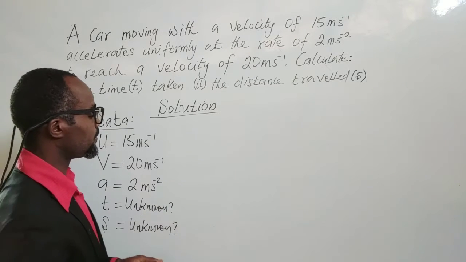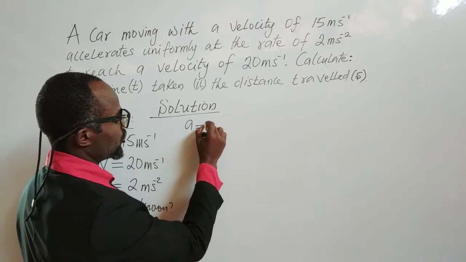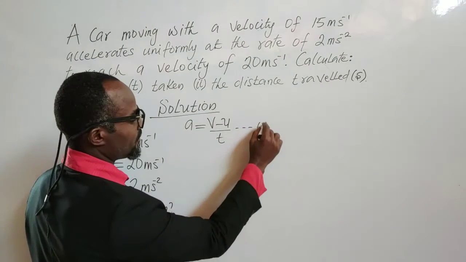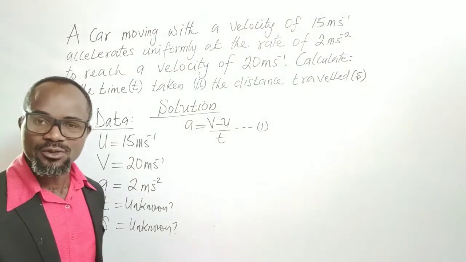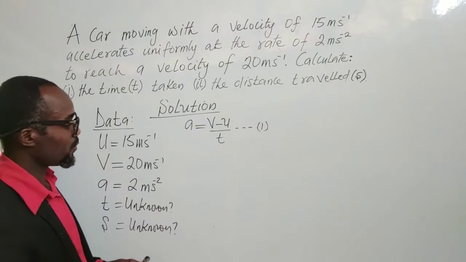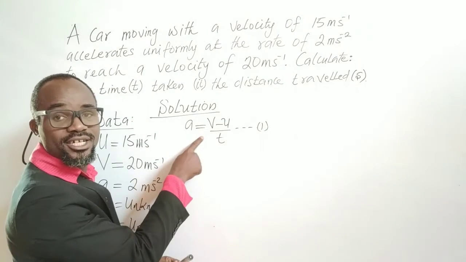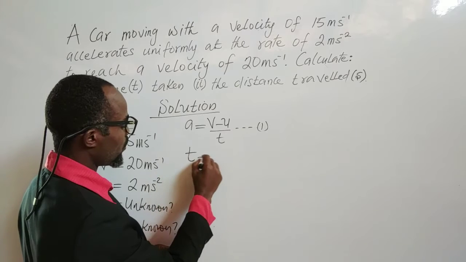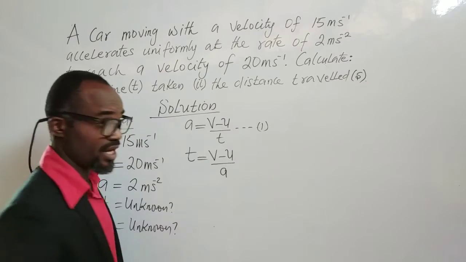Our conclusion is that we can apply the change in velocity over time relation, since it has something to do with time, and time is the first quantity we are looking for. So we transpose for t to be the subject. So t is equal to the change in velocity all over the acceleration a.